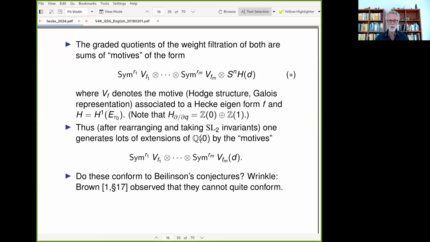What he's asking in the modular case is whether the coordinate ring of the small relative completion of SL2Z generates all the extensions of Q(0) by such motives as predicted by Beilinson's conjecture. You should get no more, no less.